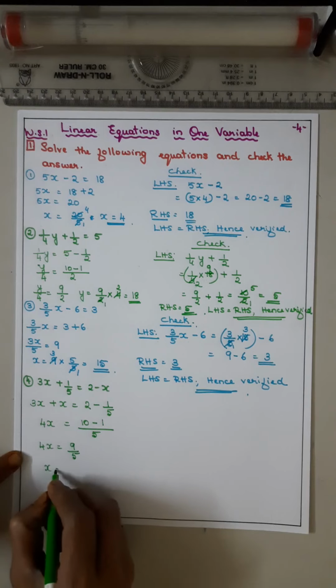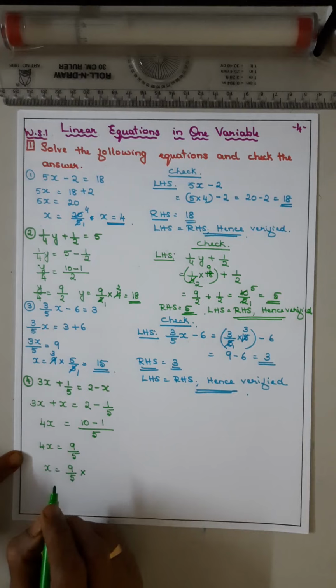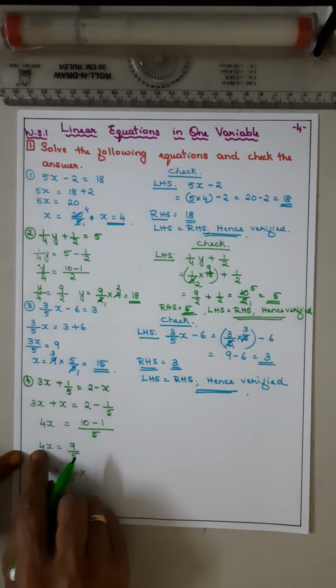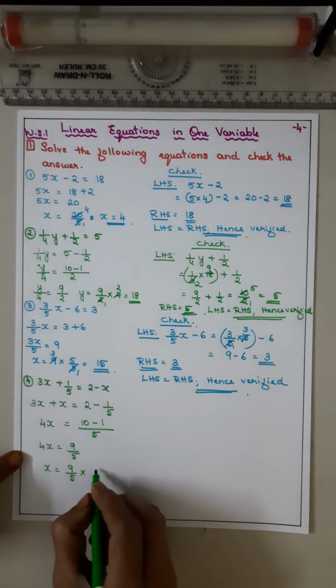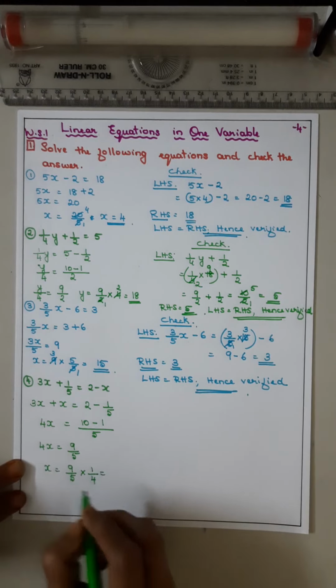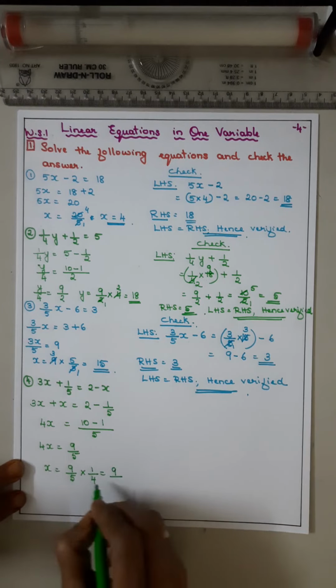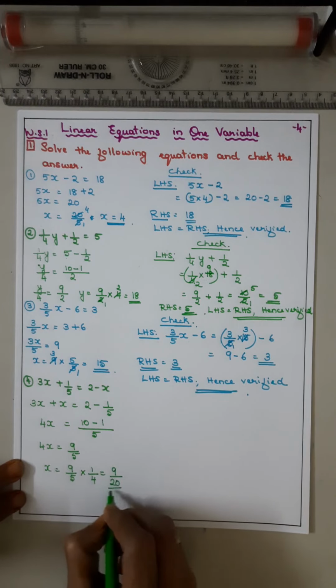So x will be 9 by 5 into, now 4. What is the reciprocal of 4? 1 by 4. So it will be 9 1s are 9 and 5 4s are 20.